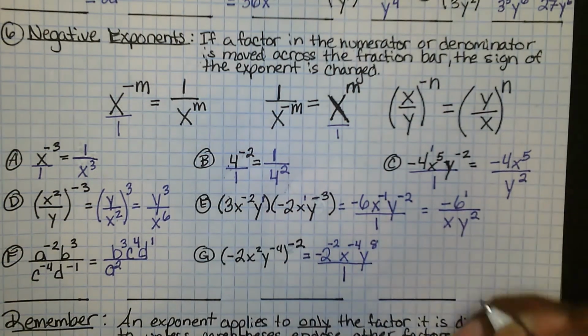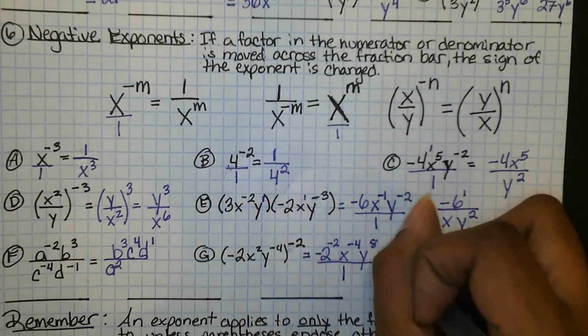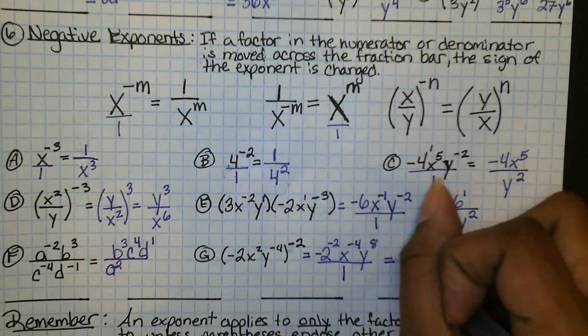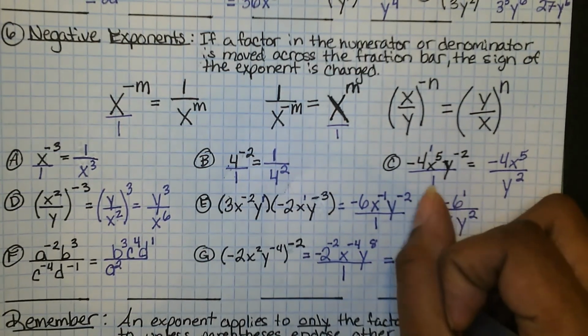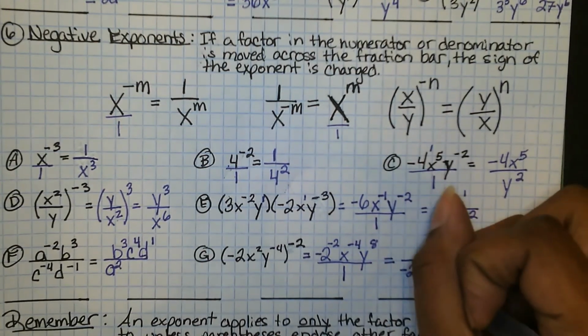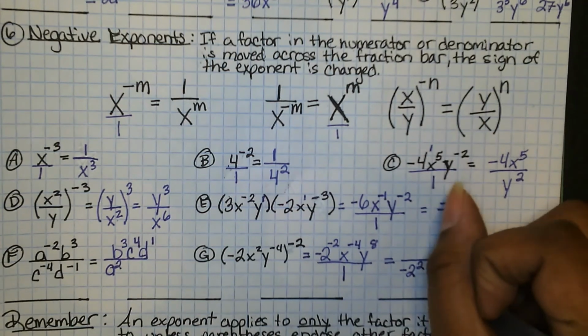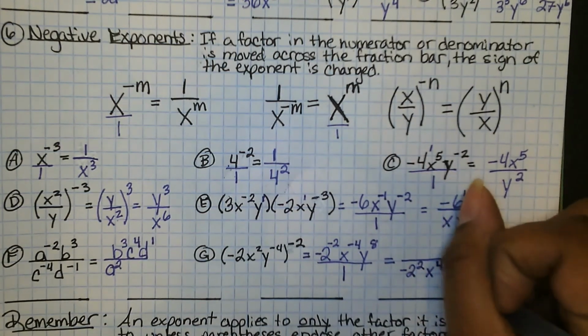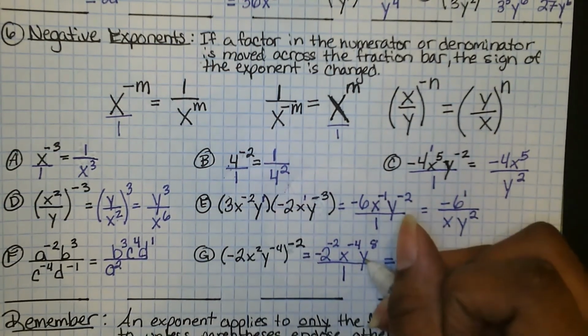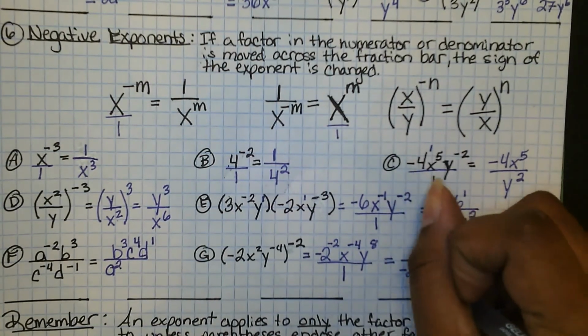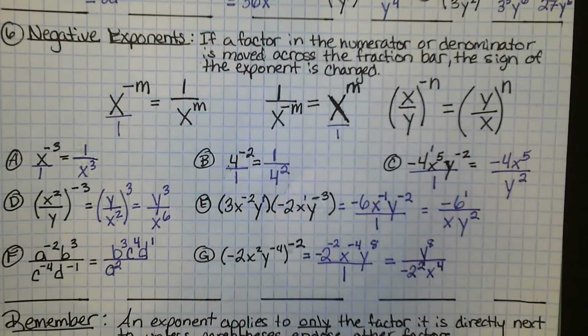So it belongs in the denominator, so this would be -2 squared. The x also has a negative exponent, so that also belongs in the denominator. I'm going to make it positive. But the y has a positive exponent, so it stays in the numerator.